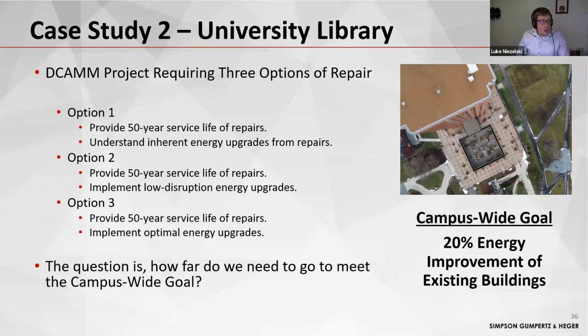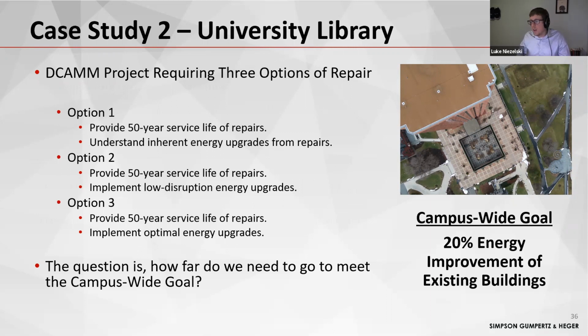Another thing about this case study is that it was a DCAM project. And for those of you involved in DCAM, they oftentimes require 3 options or 3 levels of repair. So consistently through options 1 through 3, a 50-year service life of repairs. It's something they really cared about maintenance-wise with their buildings.